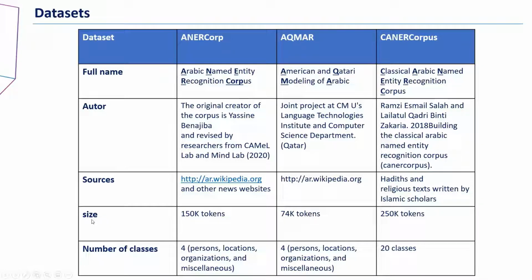The size of the dataset is 150K tokens for ANERcorp, 74K tokens for ACMAR, and 250K tokens for Classical Arabic. The number of classes for both ACMAR and ANERcorp is just 4, whereas the Classical Arabic one has 20 classes.